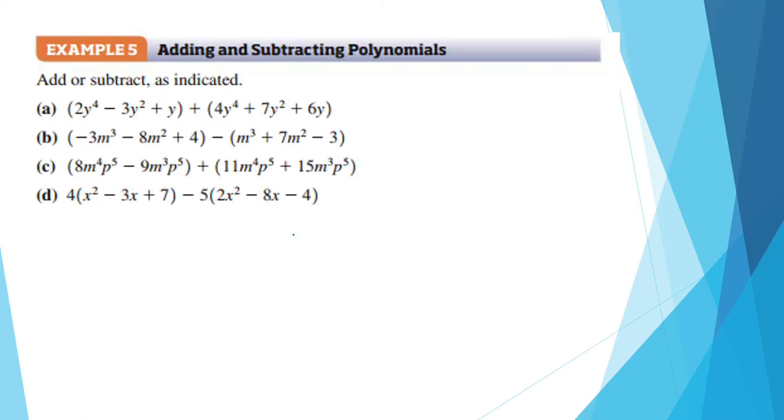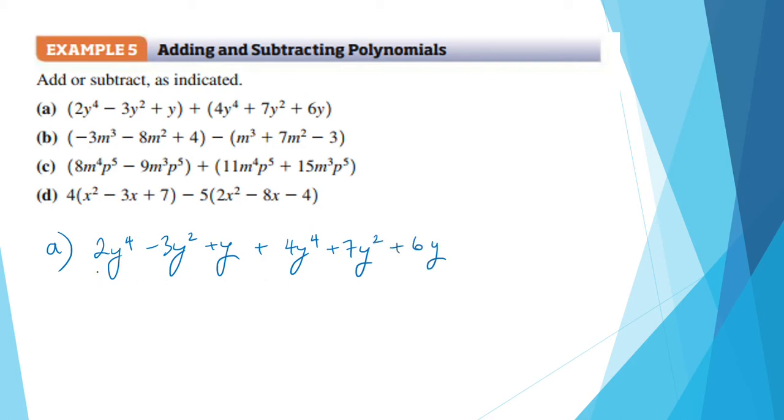Example 5, we're going to add or subtract these polynomials. So the thing to remember is you can only add or subtract terms that have the same variable and the same exponent. So let's try part A. We have 2y to the 4th minus 3y squared plus y plus 4y to the 4th plus 7y squared plus 6y.